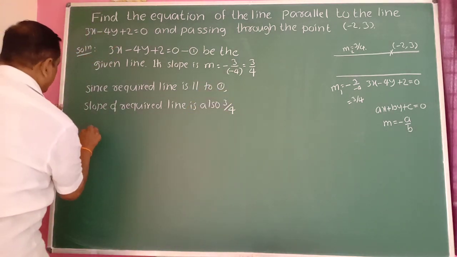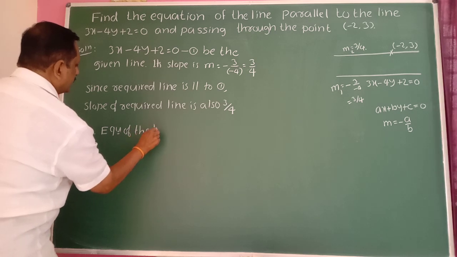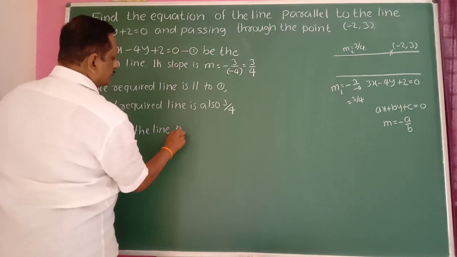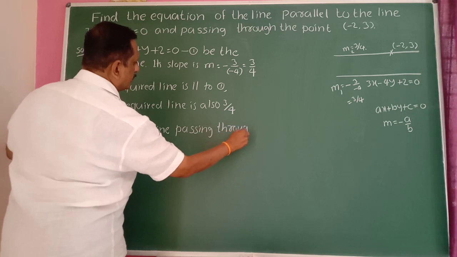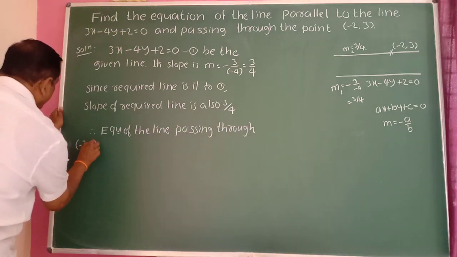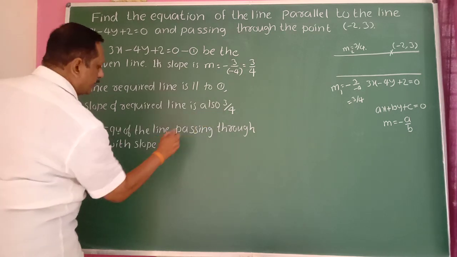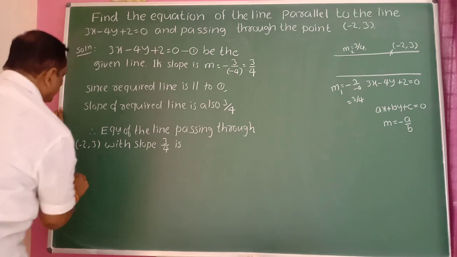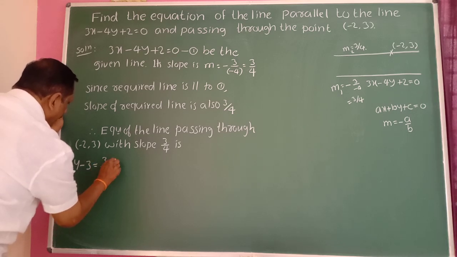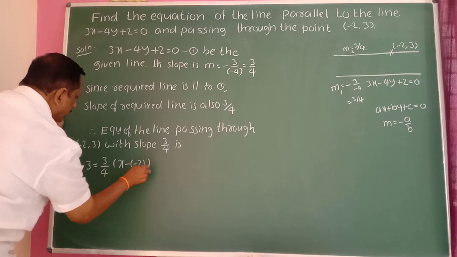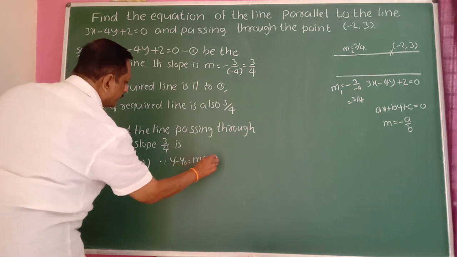Therefore, the equation of the line passing through the given point (minus 2, 3) with the slope 3 upon 4 is y minus 3 is equal to 3 divided by 4 into bracket x minus of minus 2. We are using the formula y minus y naught is equal to m into bracket x minus x naught.